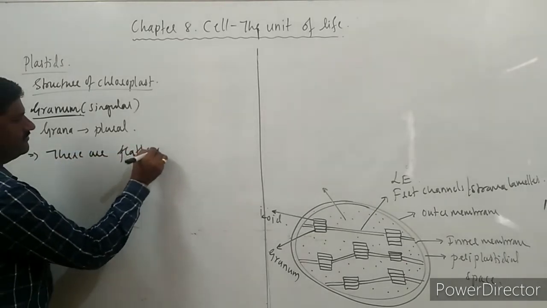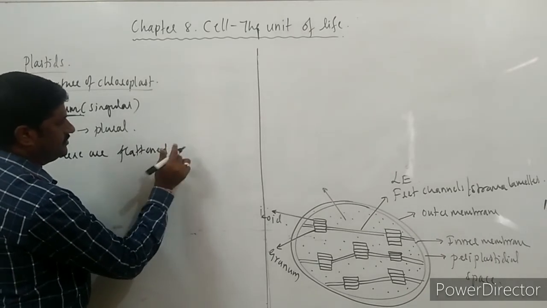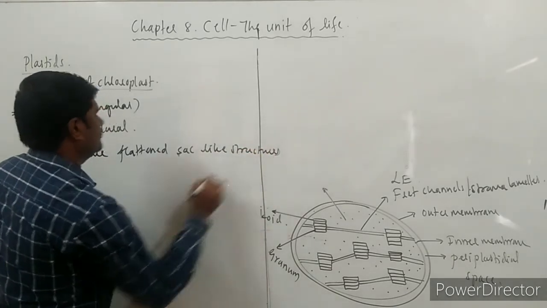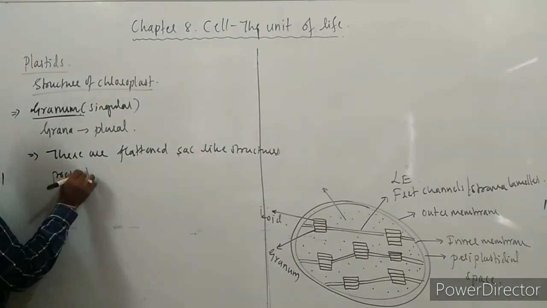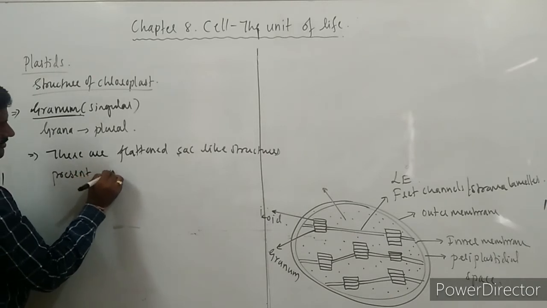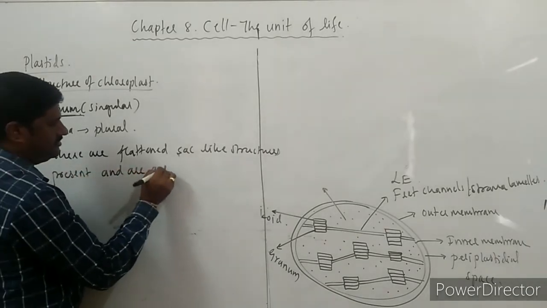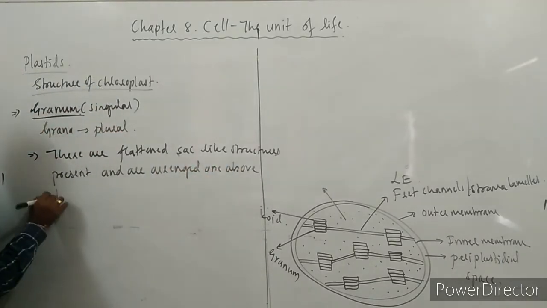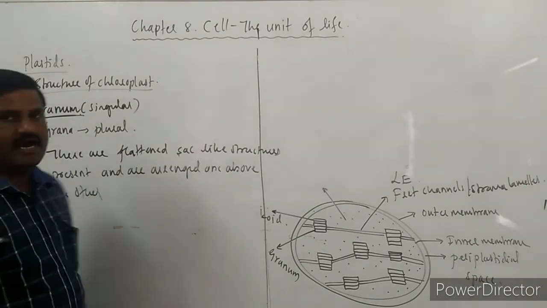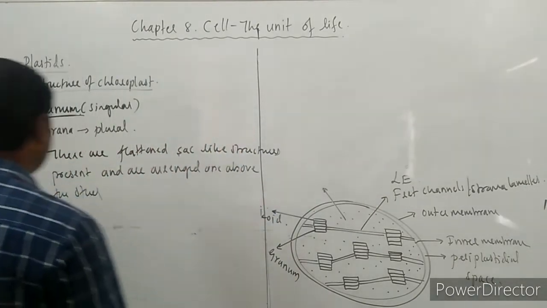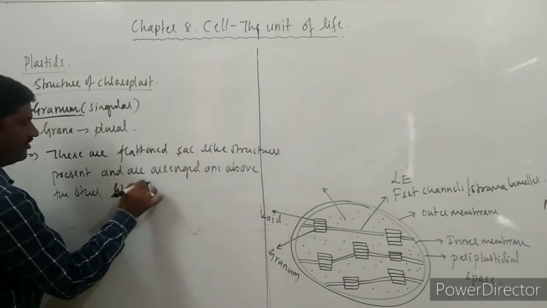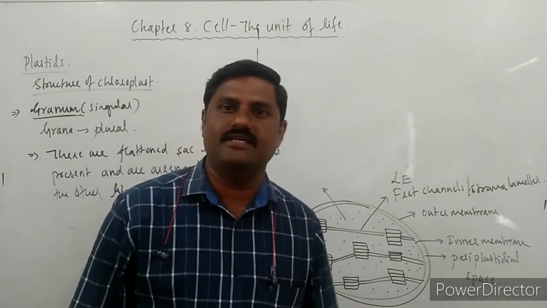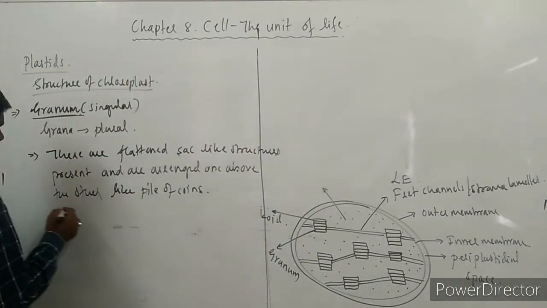So basically there are flattened sac-like structures present and they are arranged one above the other like a pile of coin-like structures, and these are named granum.